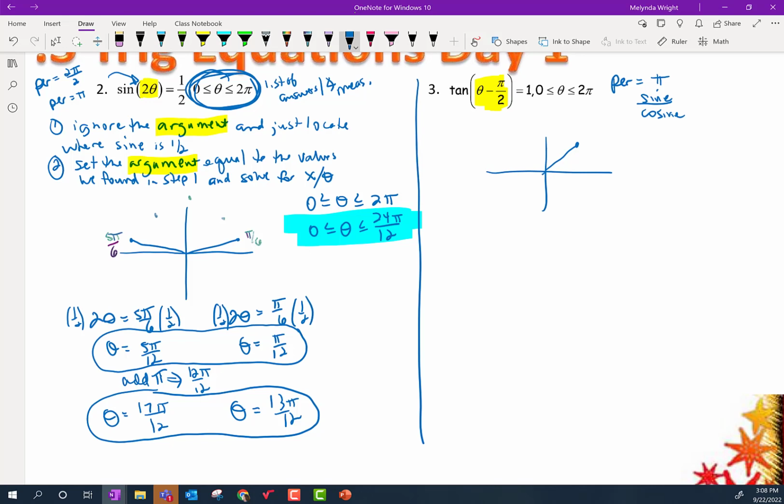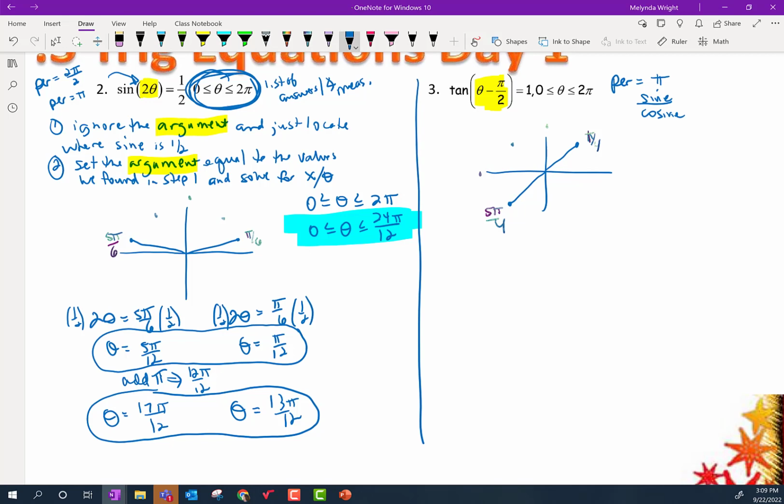So we're right here. So here's my other value. So now let's count. Okay, so we have 1 pi over 4, 2 pi over 4, 3 pi over 4, 4 pi over 4, 5 pi over 4. So we did step 1, we ignored the argument, and we just located where, in this case, tangent is 1. Now we're going to set the argument equal to the values.